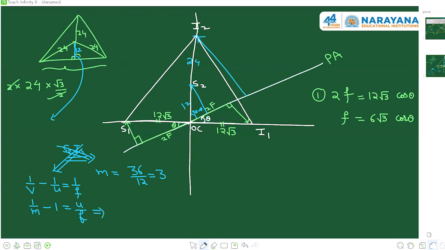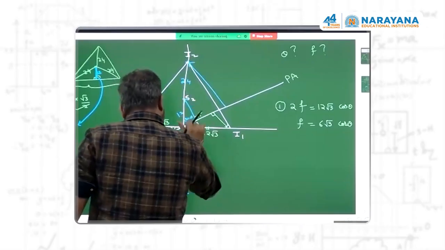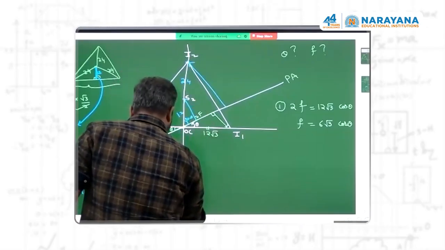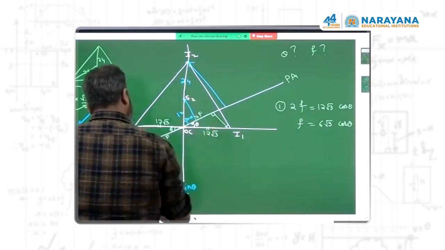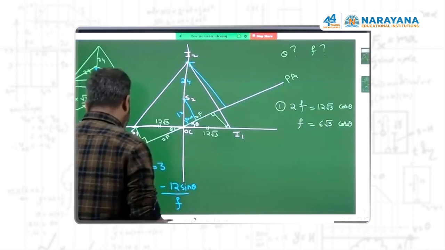For the S2I2 combination, this becomes 1 by 3 minus 1 equal to u upon f, where f is the magnitude, the positive focal length of the converging lens. And u, this being the principal axis and this being the optical center, is negative of 12 sine theta. You can check that. This is the object location. This distance is 12 sine theta.